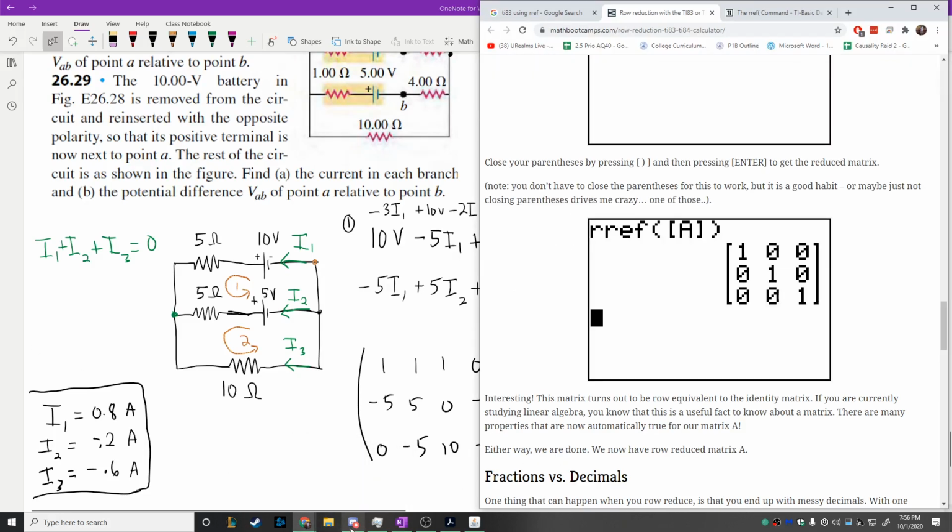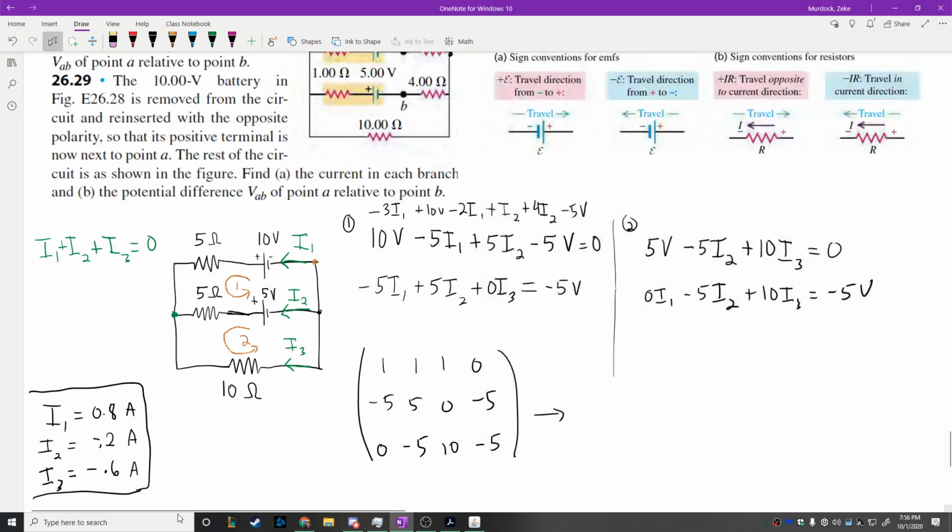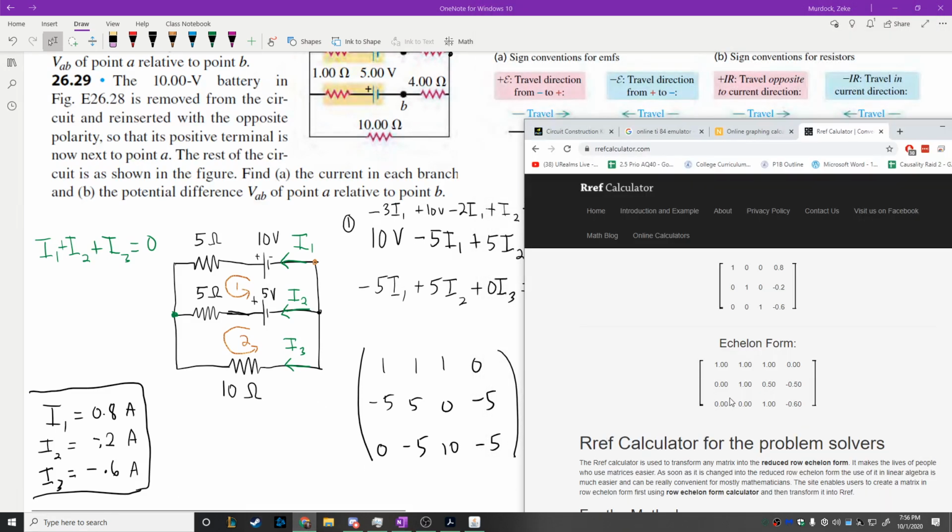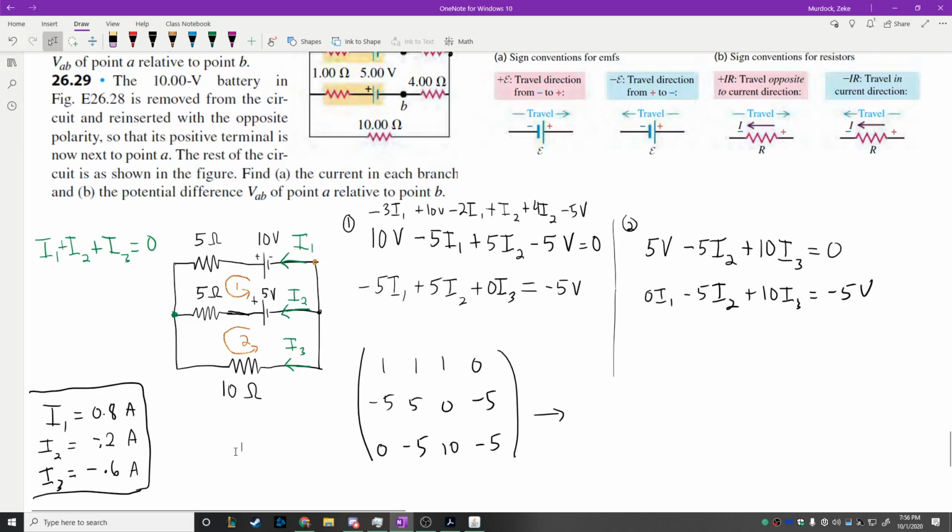Is that right? There it is. 0.8, negative 0.2, and negative 0.6. Okay, and that's it. Do a messy algebra, just gotta write the equations down, create a matrix, do RREF, reduced row echelon form.